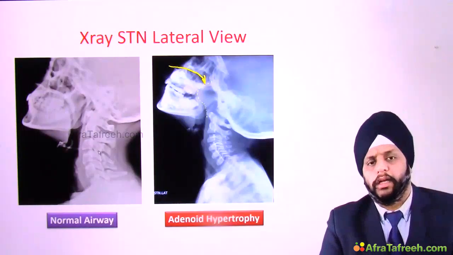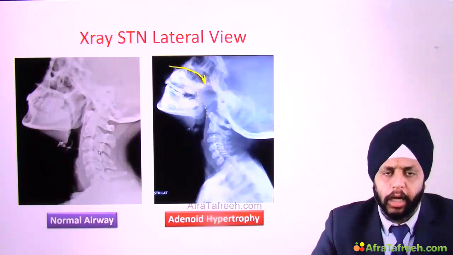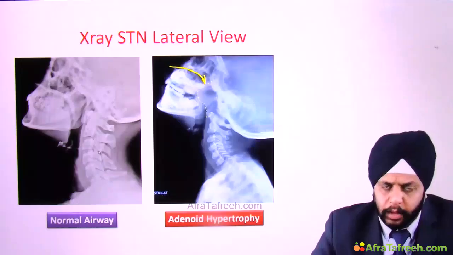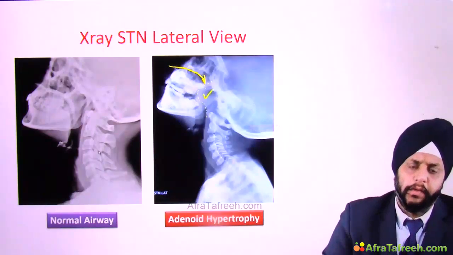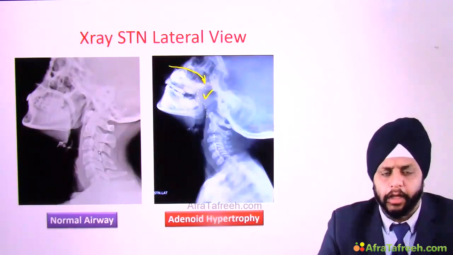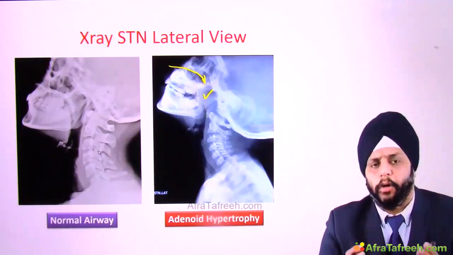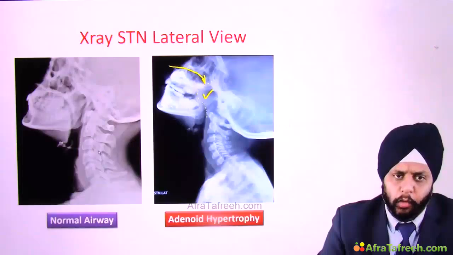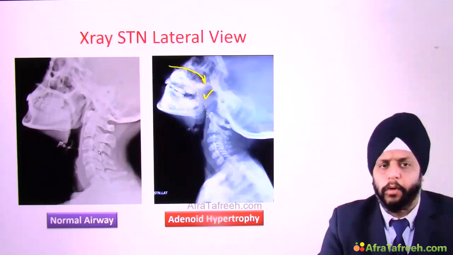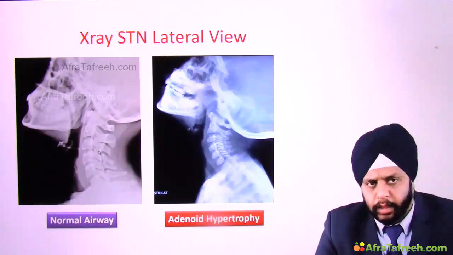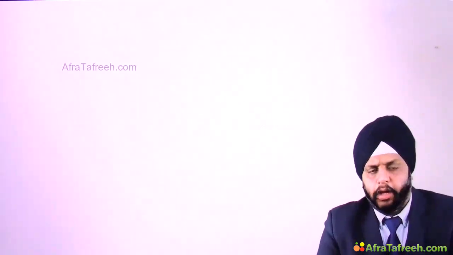It is most likely a case of adenoid hypertrophy. So this is a case of adenoid hypertrophy which is completely blocking the posterior choana on both sides, completely blocking the nasopharynx. Okay. Now before I go ahead, let us discuss one more X-ray.